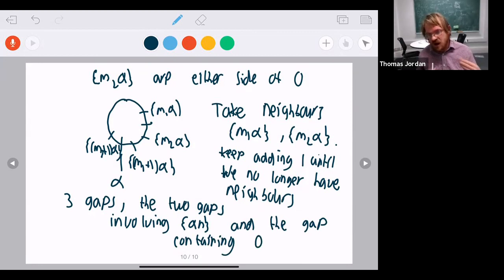And these give us 3 possible values for the gaps, and there can be no more than 3. So this is the 3 gap theorem, which shows that things coming from irrational rotation, the orbits really aren't that random, because in terms of the gaps between them, it's very limited.